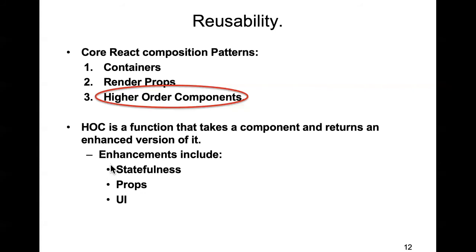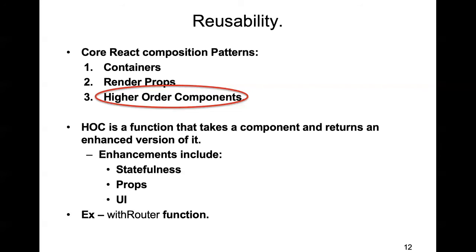Maybe what the higher order component function does is it receives a stateless component and it makes it stateful. Or maybe it passes some extra props into the component that it receives. Or maybe it just enhances the JSX of the component that it receives. And so the component that it returns would have some extra UI.